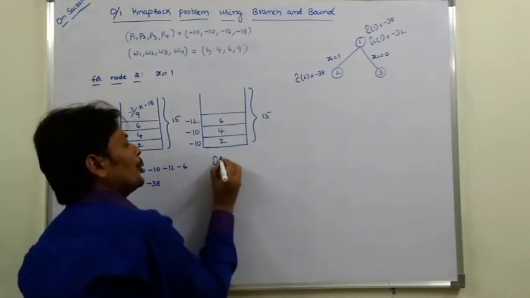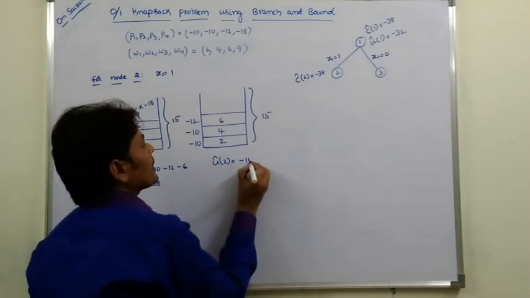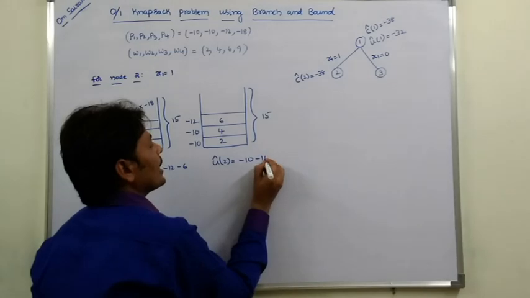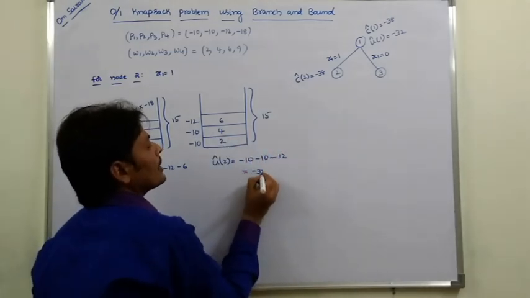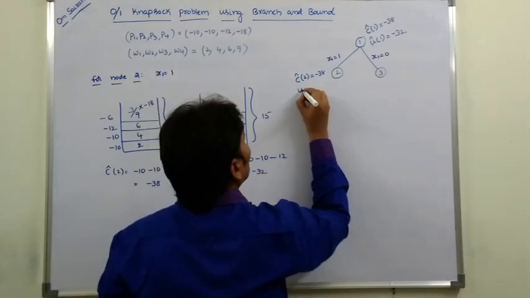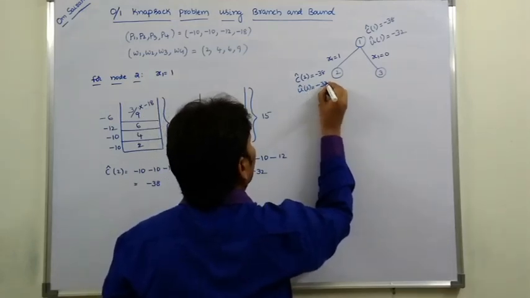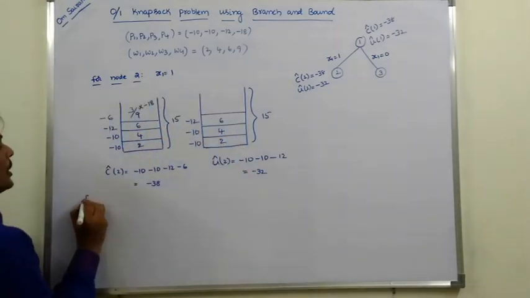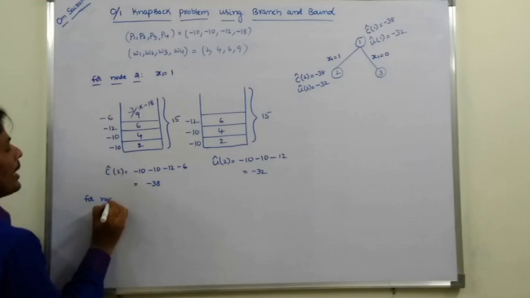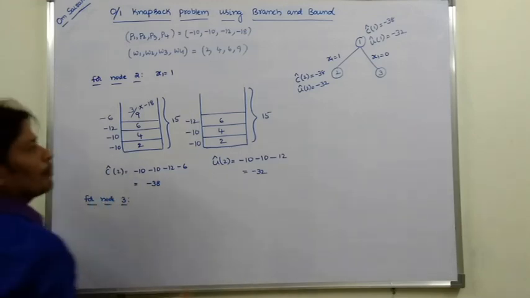So therefore U cap of 2, the upper bound, is equal to minus 10, again minus 10, minus 12. So that is equal to minus 32. So U cap of 2 is equal to minus 32. Next, for node 3 we have to calculate the upper bound and lower bound.